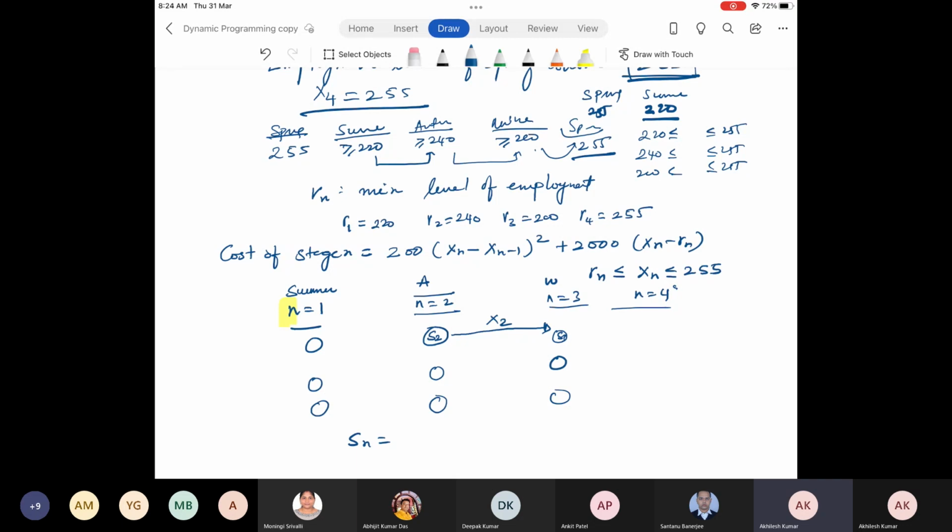So S2 is my state in stage 2. Then I made a decision X2 that took me to the state at the start of stage 3. So that decision I took is X2. So when I reach here, what would be the employment level, if I can put it in terms of employment level?